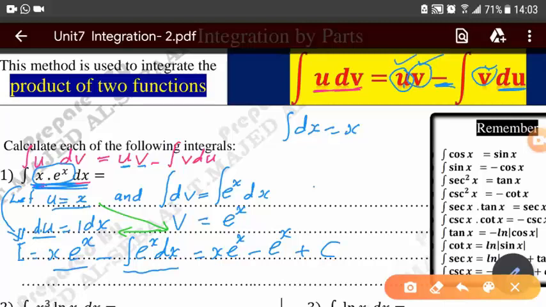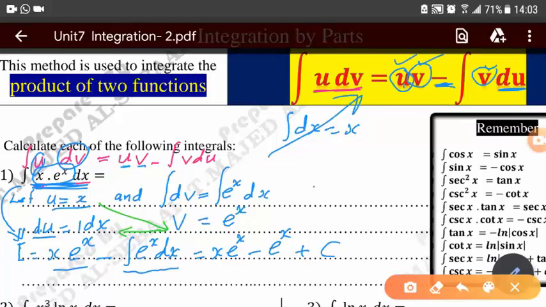One I called u, and the other dv. Then I tried to find u, v, and du, and substitute it all in this rule. Okay? I need you now to take a screenshot.